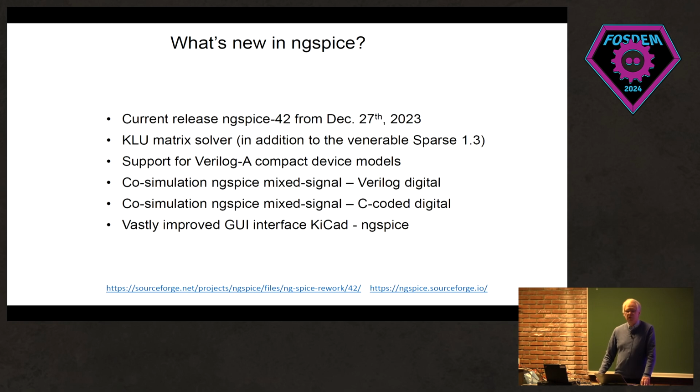What's new in NGspice? The current release is NGspice 42, released on December 27th last year. We have an additional matrix solver. I will talk about these things a little bit more in detail in the following. We have a new matrix solver in addition to the venerable Sparse 1.3. We support Verilog-A coded compact device models. We allow co-simulation for mixed signal simulation with Verilog digital circuit blocks and mixed signal digital analog parts within NGspice.